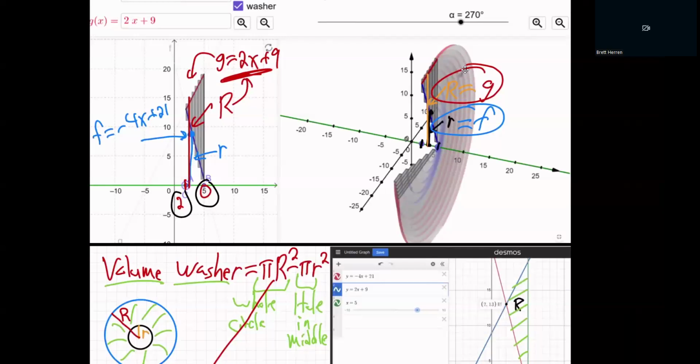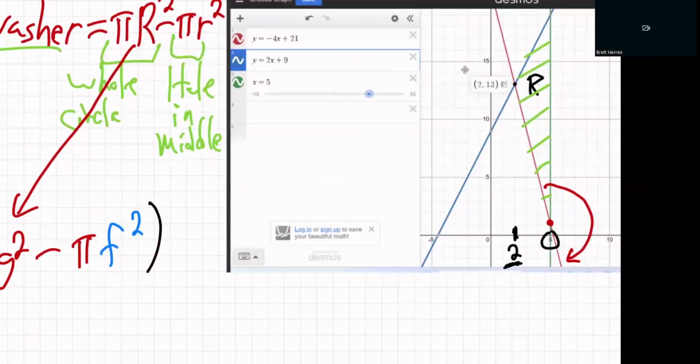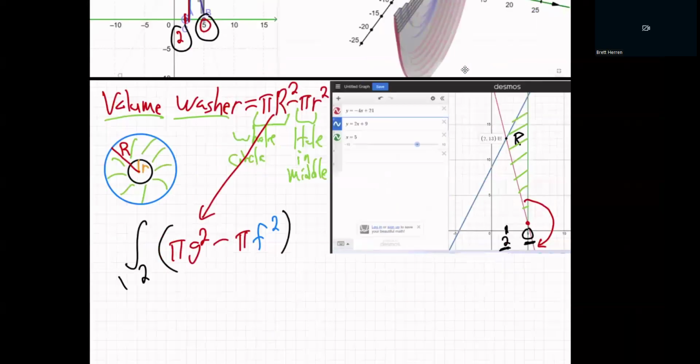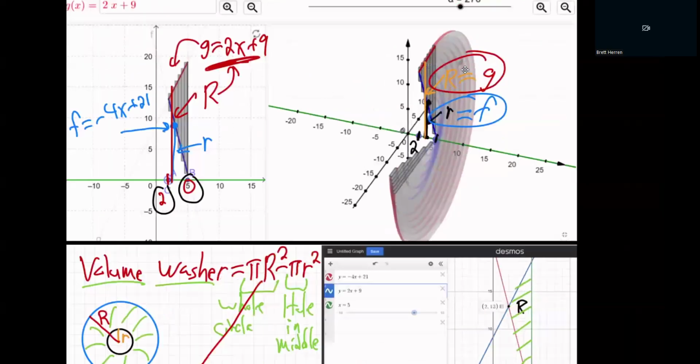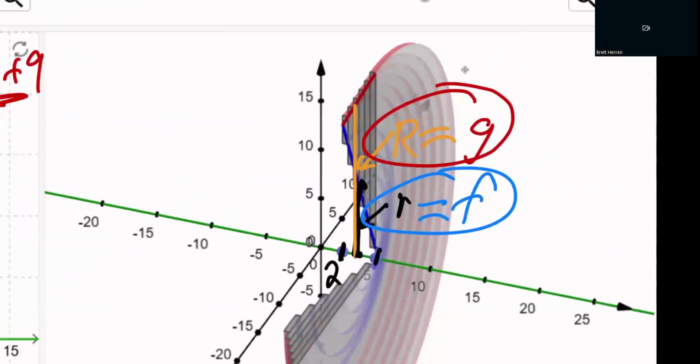We learned all that from this graph: 2 to 5. That's where the region is, from x equals 2 to x equals 5, dx, because dx is the thickness of each of these little disks.